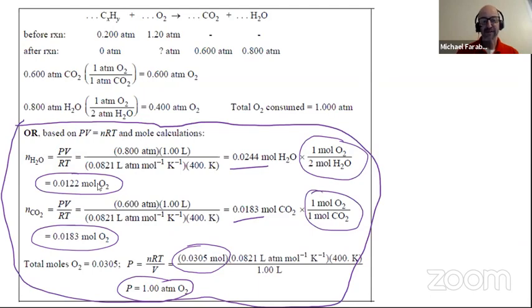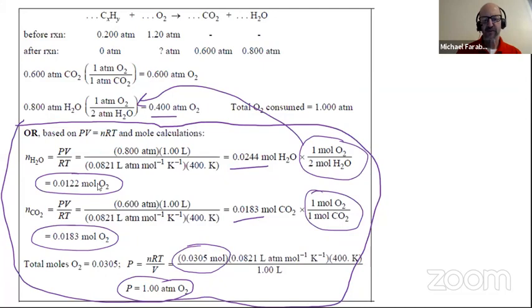Now, I like this other method, which is kind of a shortcut. It's because moles and pressure are proportional. So they took this same 1-to-2 ratio, and they just did that with pressures. So for every 0.8 atmospheres of water produced, 0.4 atmospheres of oxygen would have been consumed.